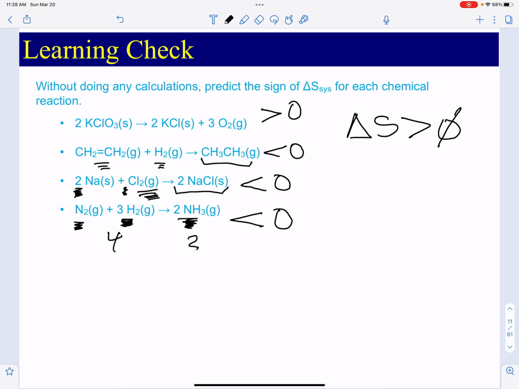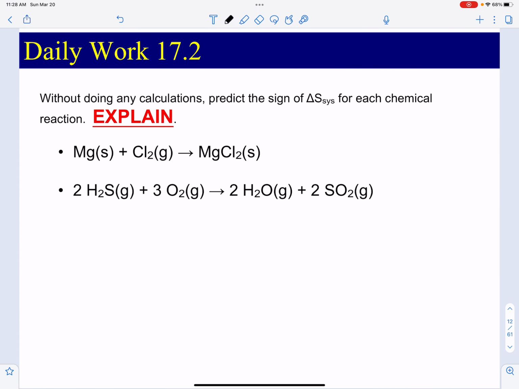Becoming more organized, that's a decrease of disorder, or decrease of entropy, and that's a negative entropy. So that's how we can predict the sign of the change of entropy of the system. We're not defining entropy, we're defining the change in entropy of the system. So with that said, go ahead and do this daily work and make sure you explain why you're saying that the same way I did.